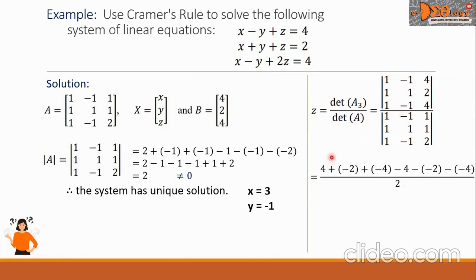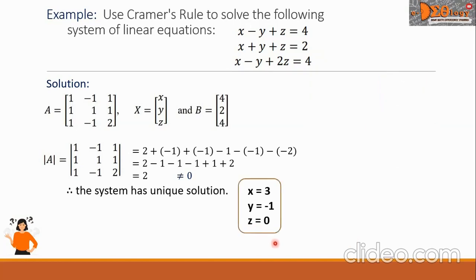For the numerator, it becomes like this. 4 plus -2 plus -4 minus 4 minus -2 minus -4. The numerator is simplified into 4 minus 2 minus 4 minus 4 plus 2 plus 4. Simplifying now the numerator, it becomes 0. Then we divide by 2. The answer is 0. This is the value of the z. We copy here z equals 0.